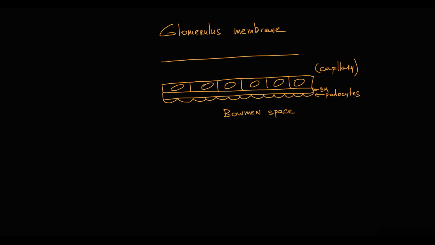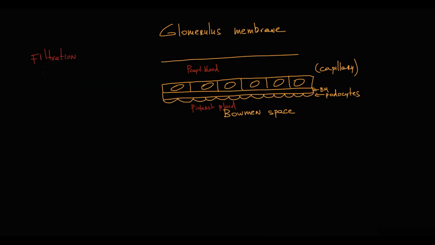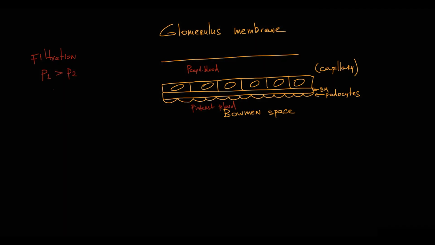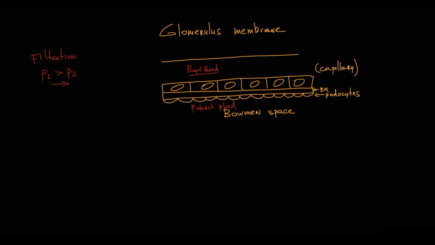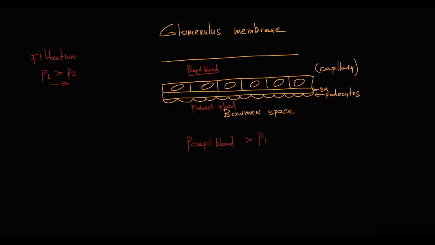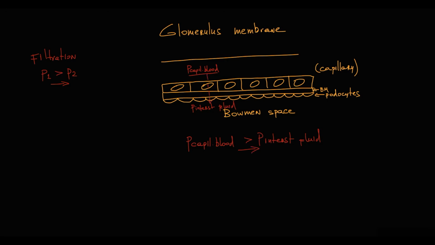Blood in the capillary has its own hydrostatic pressure, and fluid in Bowman's space also has its own hydrostatic pressure. Filtration occurs in the direction from fluid with higher hydrostatic pressure to fluid with lower hydrostatic pressure. And because blood in capillaries has higher hydrostatic pressure than fluid in Bowman's space, filtration goes into Bowman's space. But what determines hydrostatic pressure?